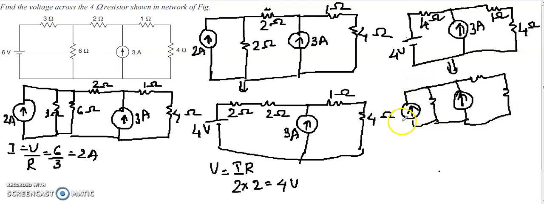So this 4, here the current is I is equal to V by R, that is 4 by 4 is equal to 1 ampere. Therefore the current here is 1 ampere. Here the resistance is 4 ohm. Here the current source is 3 ampere. Here it is 1 ohm, and here again it is 4 ohm.